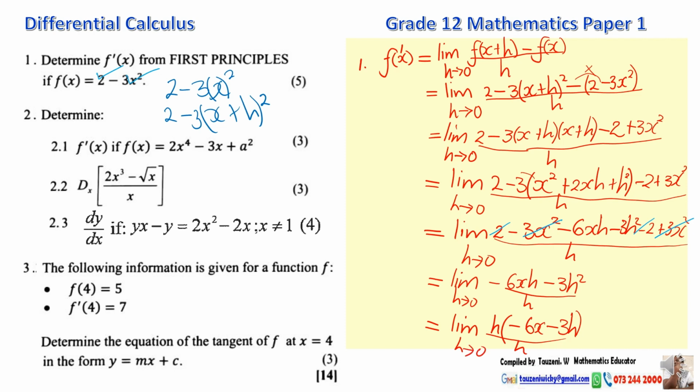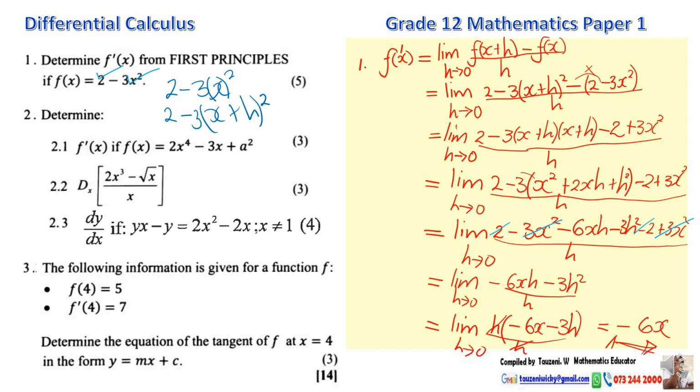So the h that we factor out and the h in the denominator divide each other. The h that remains becomes 0 because h is approaching 0. So if you put 0 in place of h, you are going to get minus 6x minus 0. So the answer to this question is minus 6x. That is my answer after differentiating using first principles.